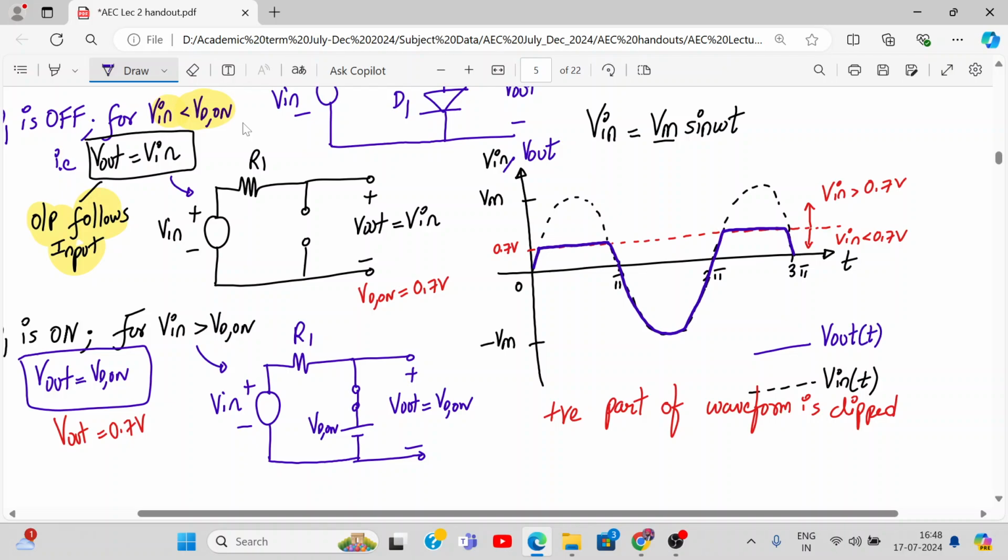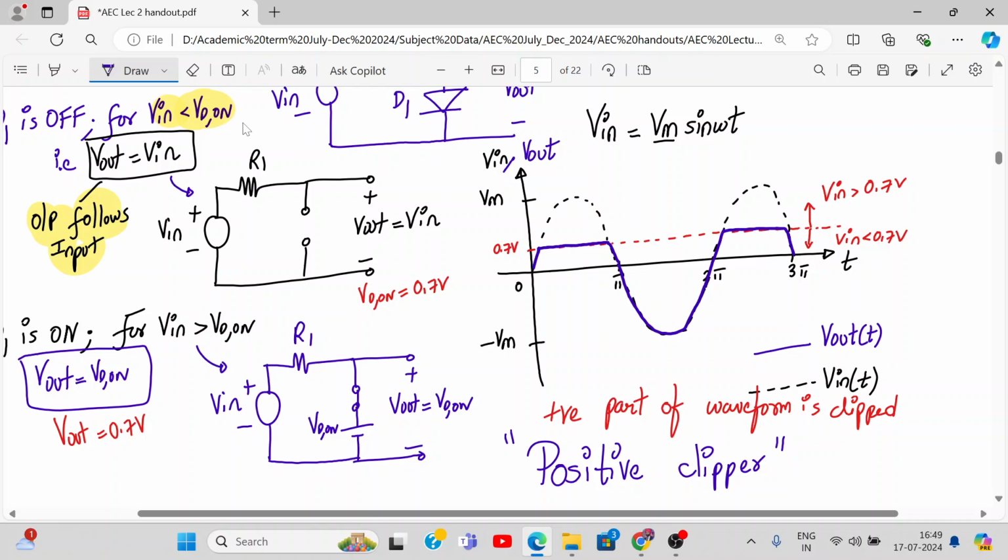So this is clipper number one. Can you tell me what will be the name of such a circuit? Which part is getting clipped away? Yeah, so it's called a positive clipper. Okay, got the name. If the negative part was getting clipped, we would have called this a negative clipper.